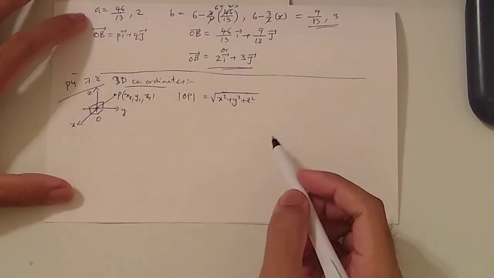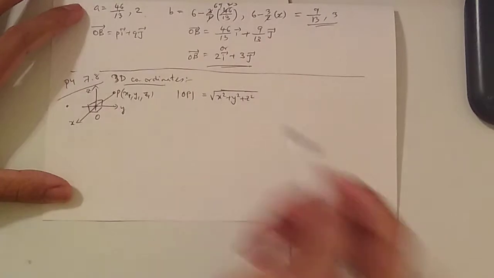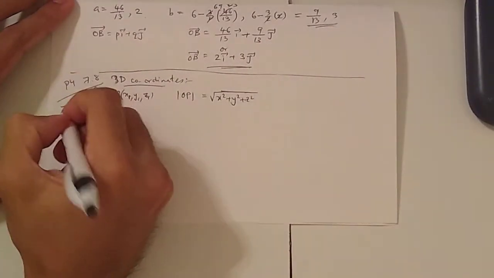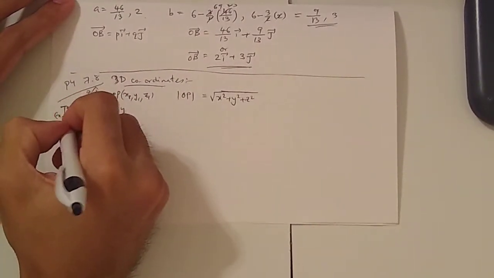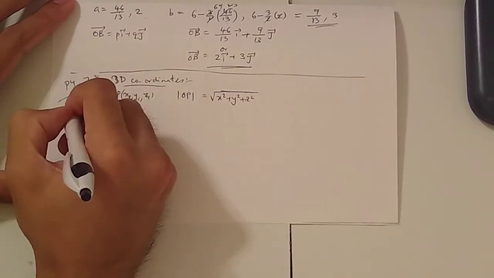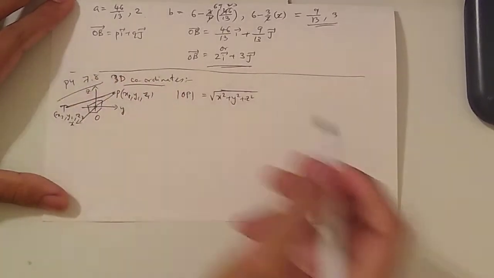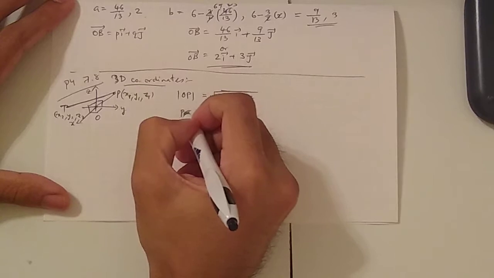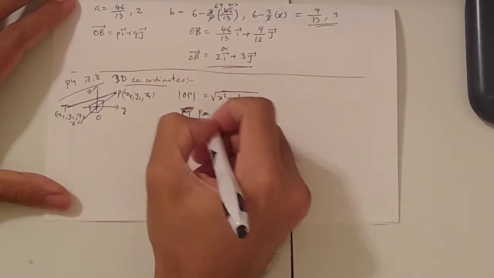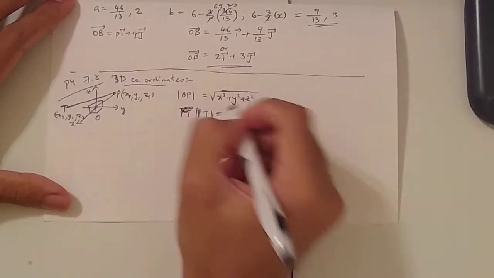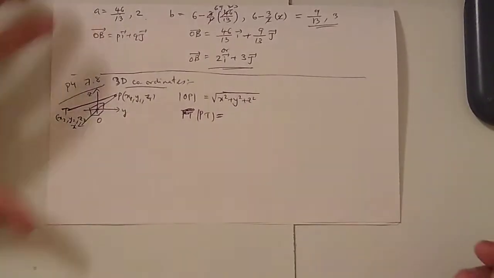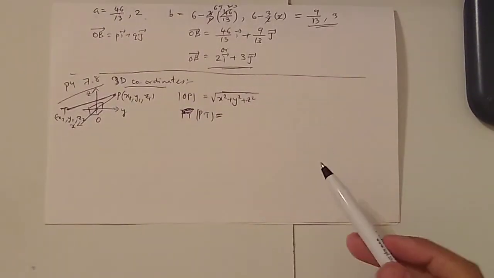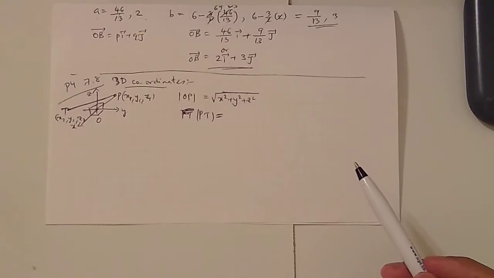If we have another point, let's consider a point that has coordinates x2 comma y2 comma z2, and we want to find the distance PT, it can be found simply using a 3D version of the formula that you learned for 2D geometry back in P2.